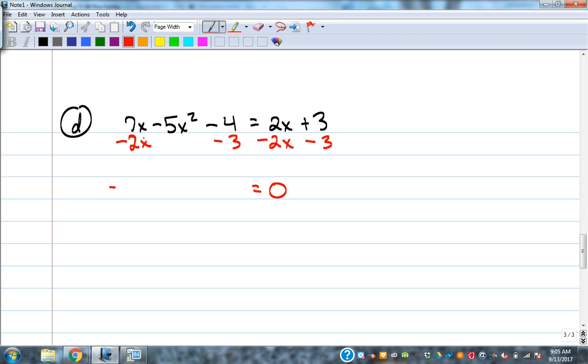And then put it in the right order when you rewrite it. So negative 5x squared should come first, plus 5x, then a minus 7. I've worked with a lot of negatives here the last couple examples. I don't want to work with as many this time. So what can I do to get rid of them?